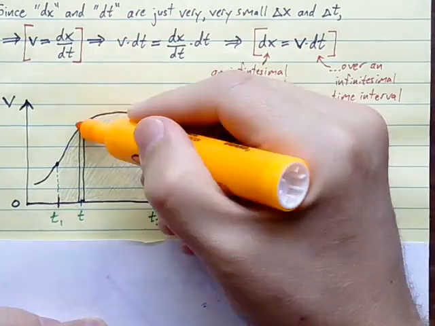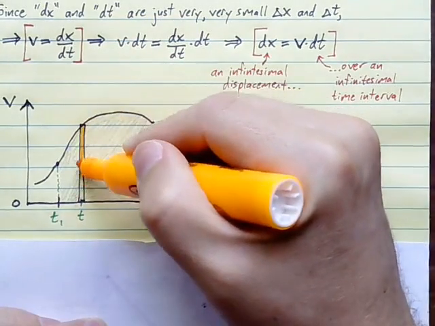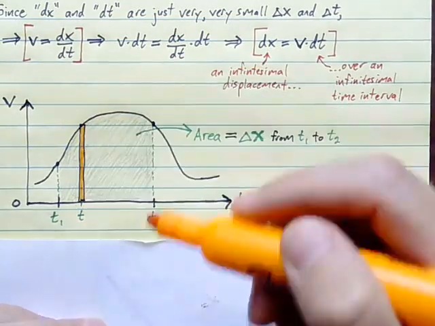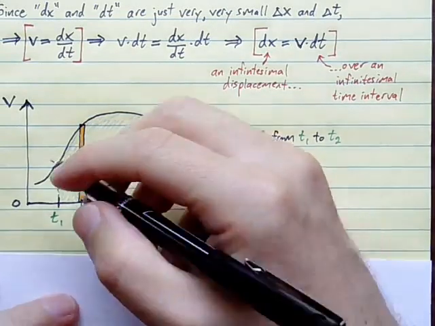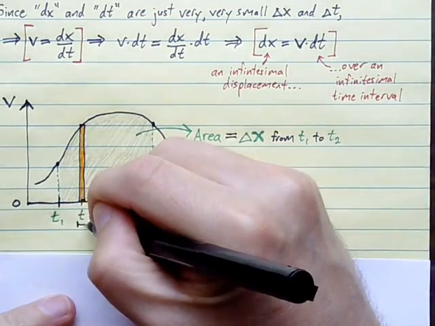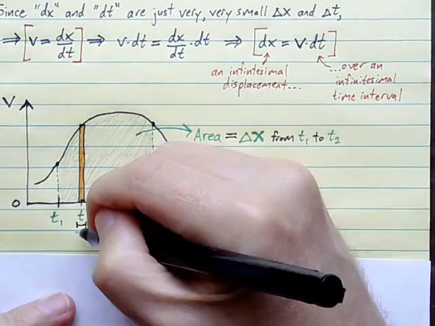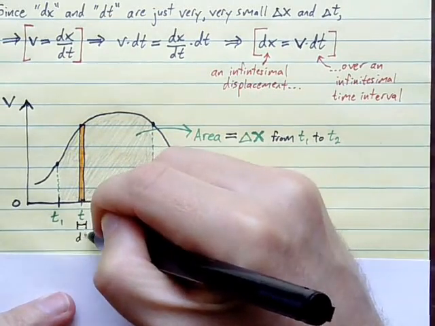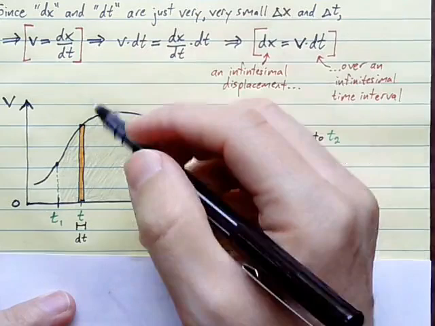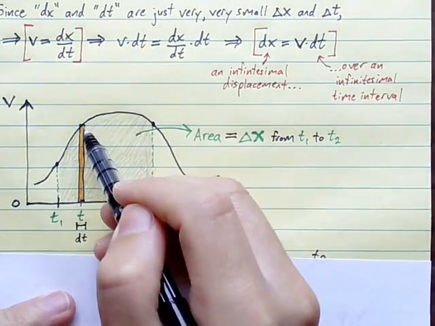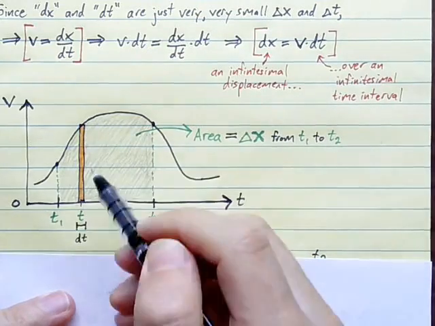And I'm going to color in the area of that one thin rectangle, that orange area there. When I say a thin rectangle, I mean infinitesimally thin. Let's let the thickness of that rectangle be equal to dt, some infinitesimally small time interval. Now the height of that rectangle will be equal to the value of our velocity function at this time t.